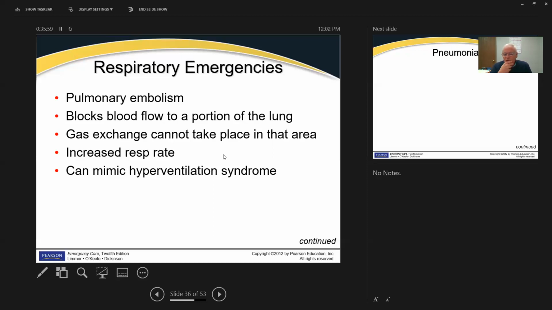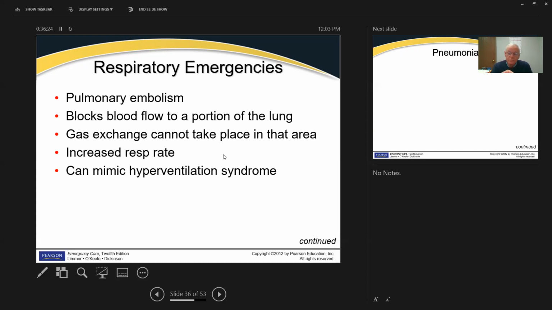Another thing is, and again, the typical person that's hyperventilation syndrome is a young female, somewhere, 15 to 25, okay? Something like that. The other problem is girls that are a little bit older than that, older than 15, are at risk for pulmonary embolism.